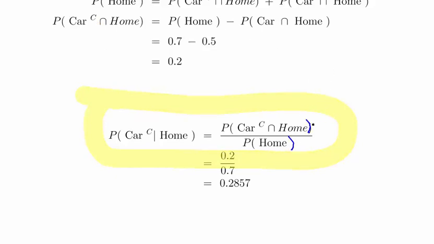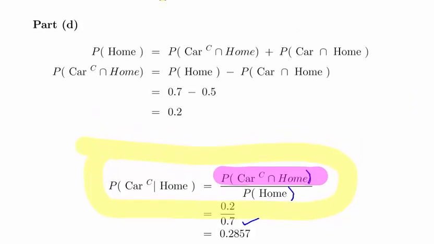The probability of the complement of car, car C, given home is the probability of car C and home divided by the probability of home. We know the probability of home is 70%, 0.7, but we need to find the probability of car C and home. This requires a little bit of lateral thinking.